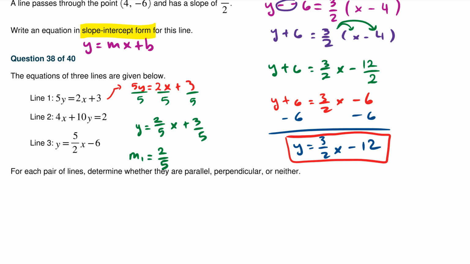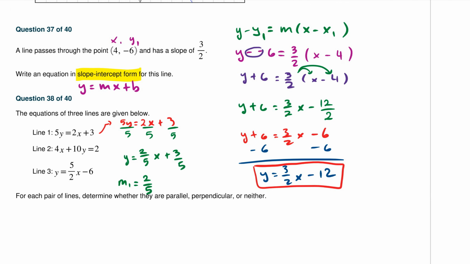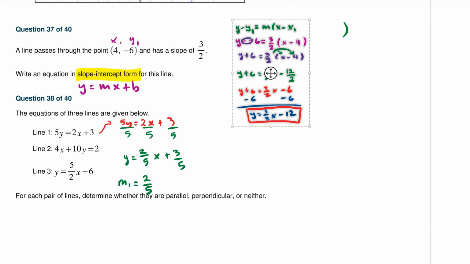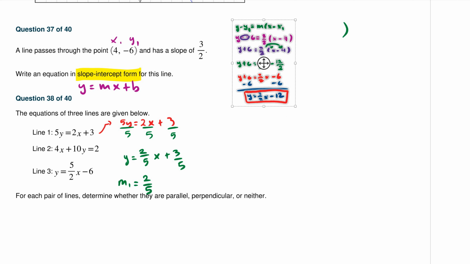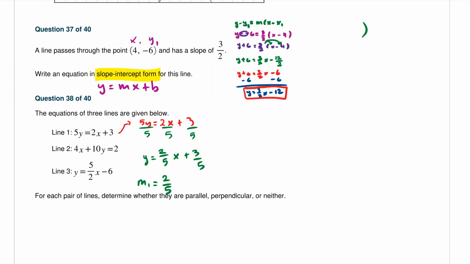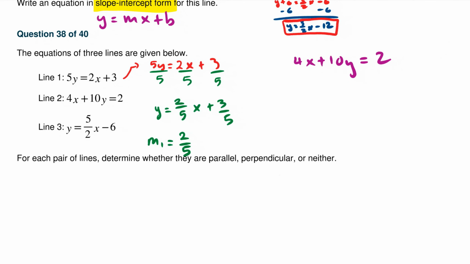Now we're going to talk about m2. Line 2 is 4x plus 10y equals 2. We need to solve for y.